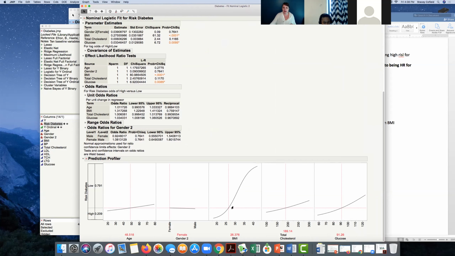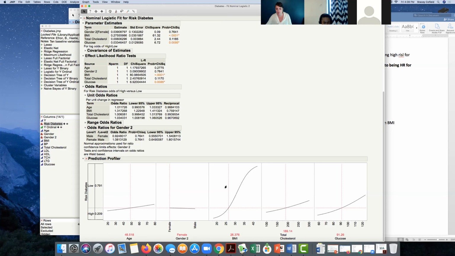But it's going to allow you to see here BMI. So it has picked the mean. Remember the mean BMI was like 26 or something about there. So it's got me at the middle BMI, and with all these other variables it is saying that there's a 21% chance of being high risk.